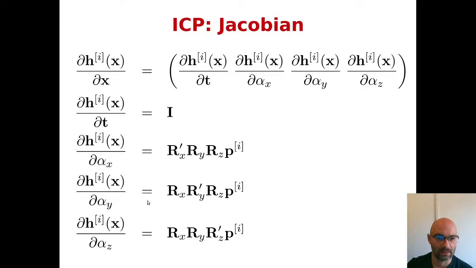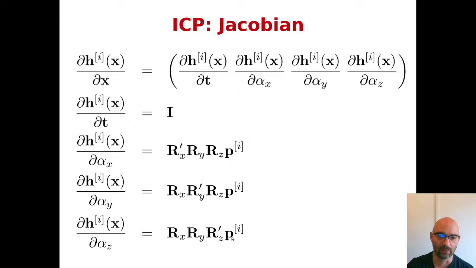Equivalently, for the second component, I have to take the formula of the error and derive with respect to the alpha y component. And the alpha y component will influence this block of the chain of rotations. So I will have to substitute Ry with R prime y in this formula.